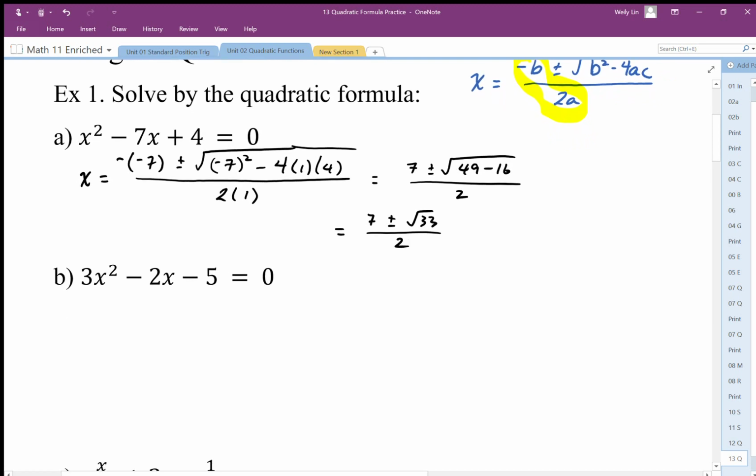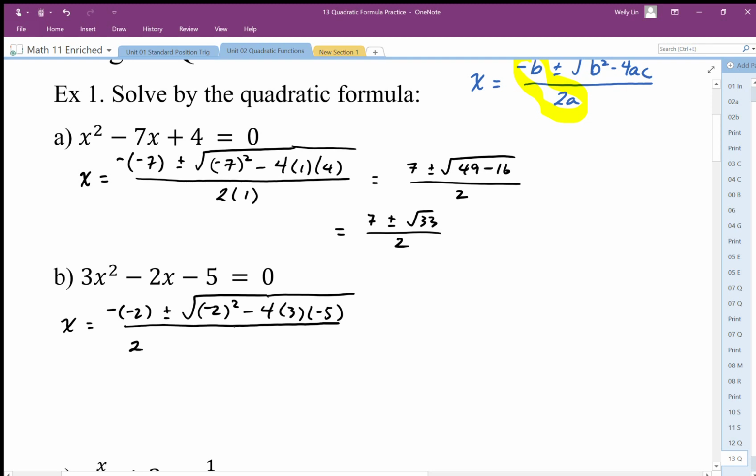Okay, so again, same thing here. We want to apply the quadratic formula. It's going to be negative of negative 2 plus minus square root of negative 2 squared minus 4 times a times c. Make sure that we get all our signs and everything correct.